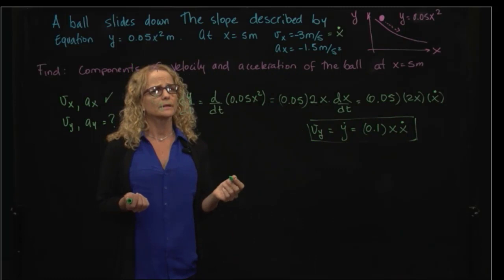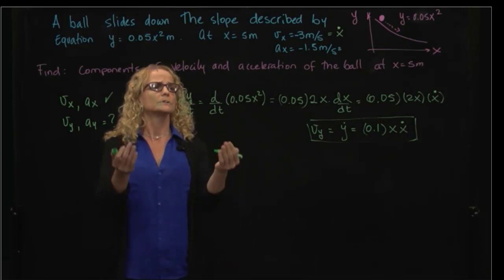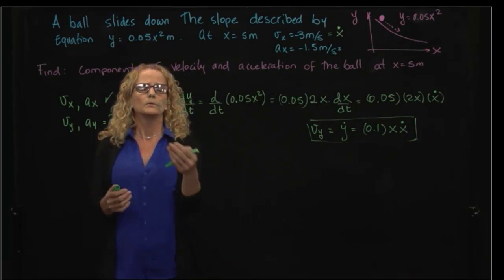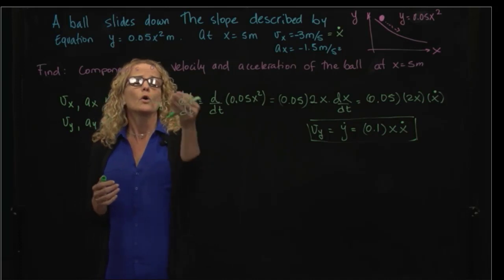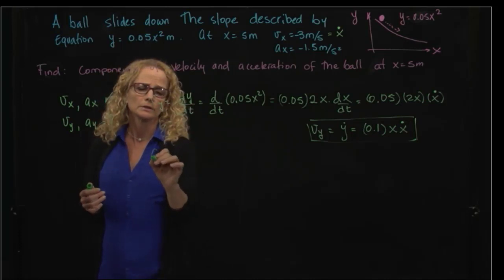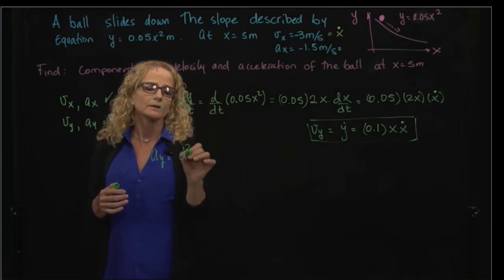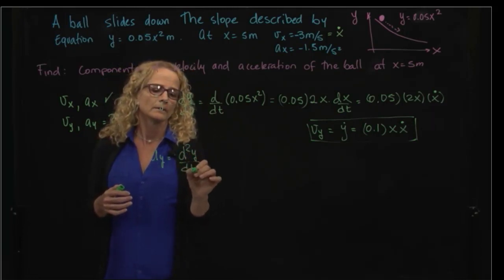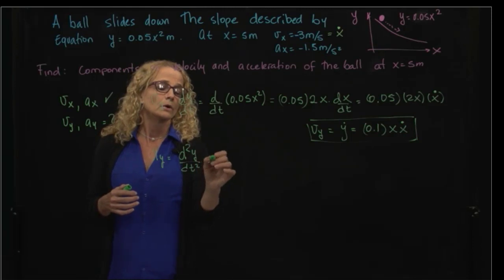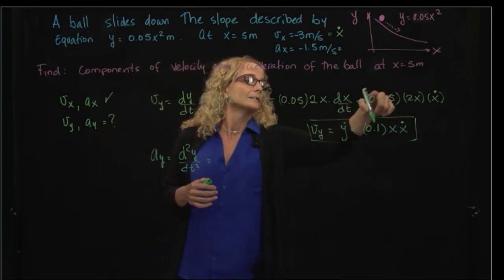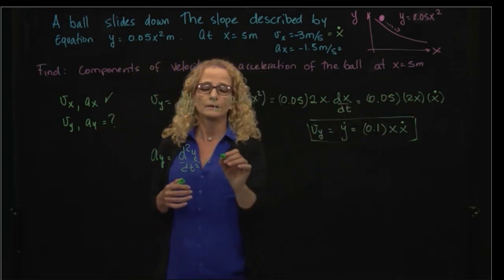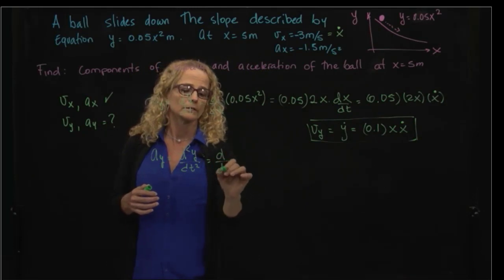What about the acceleration? Well, we know that the acceleration is the second derivative of the position, or the derivative of our velocity. So the acceleration will be the second derivative of y with respect to time, which is the same as deriving this expression that is right here, or the first derivative of y dot.